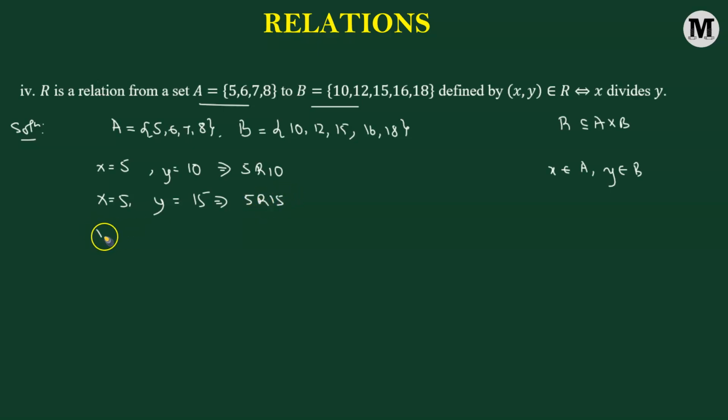Now we will choose x equal to 6. Then y must be 12, because 6 divides 12, and y equals 18, because 6 divides 18.